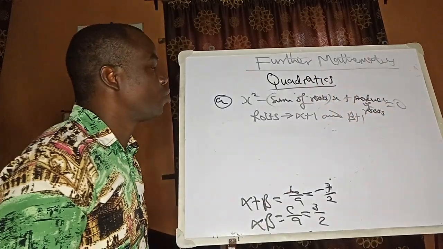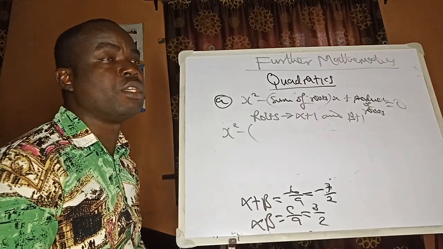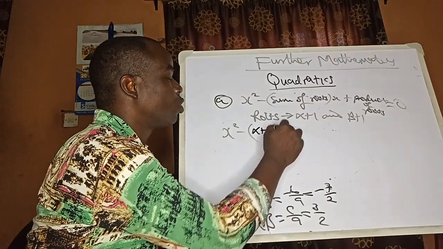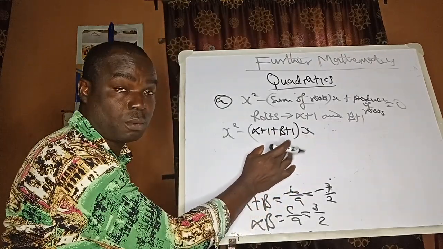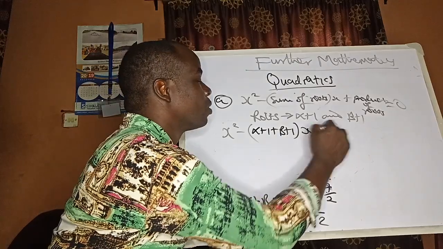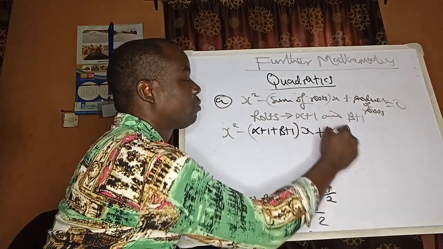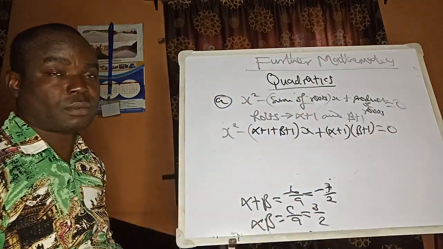Now let's do that. We have x squared. The sum of roots will be alpha plus 1 plus beta plus 1, that is this plus this. Then the product of roots will be alpha plus 1 times beta plus 1, equal to 0.